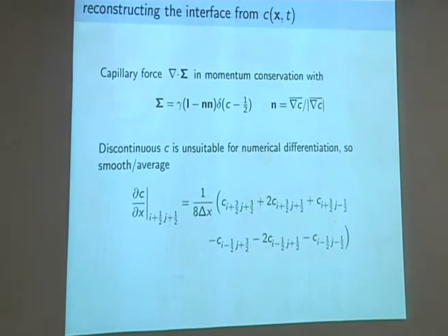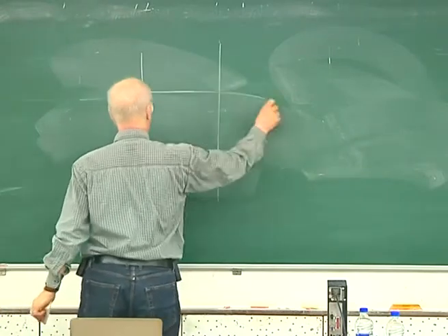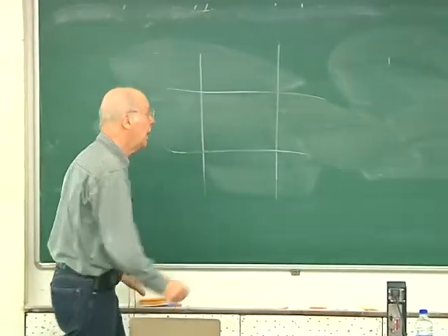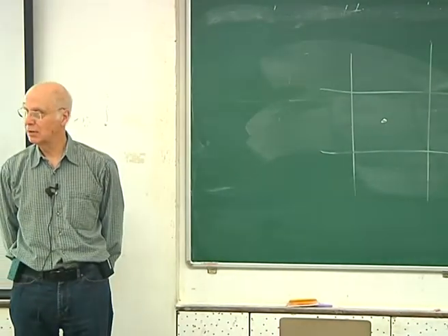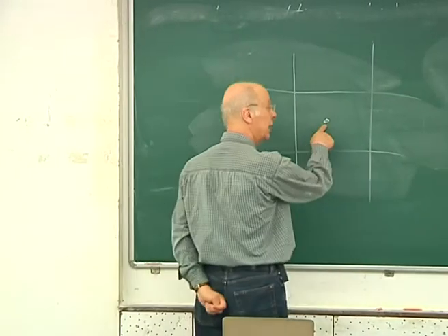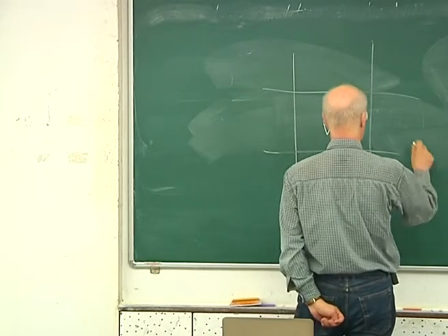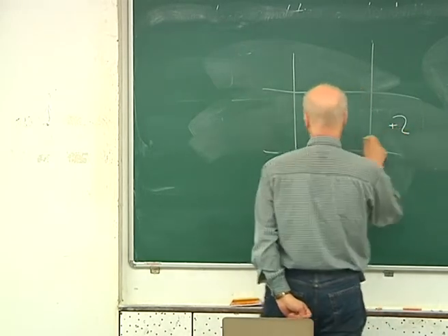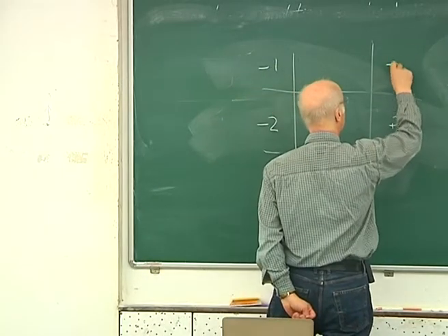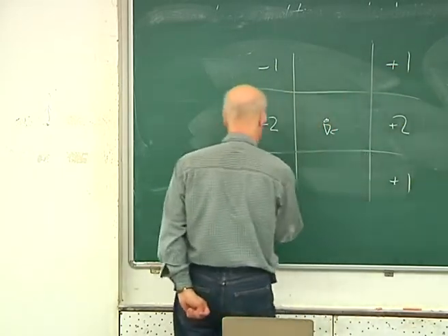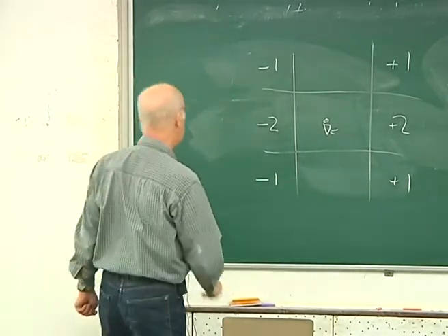So here I'm saying C is typically on a staggered grid in the middle of a block. And if you want to work out the gradient of C there, what you use is plus 2 there, minus 2 there, minus 1 there, plus 1 there, plus 1 there, and minus 1 there. And then you better divide by 8.